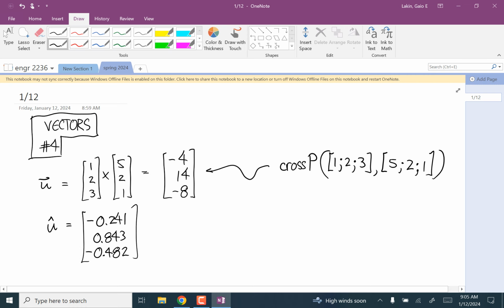So that's one vector perpendicular to both of those. And I did this with the function unitV of the answer I got in the first step.